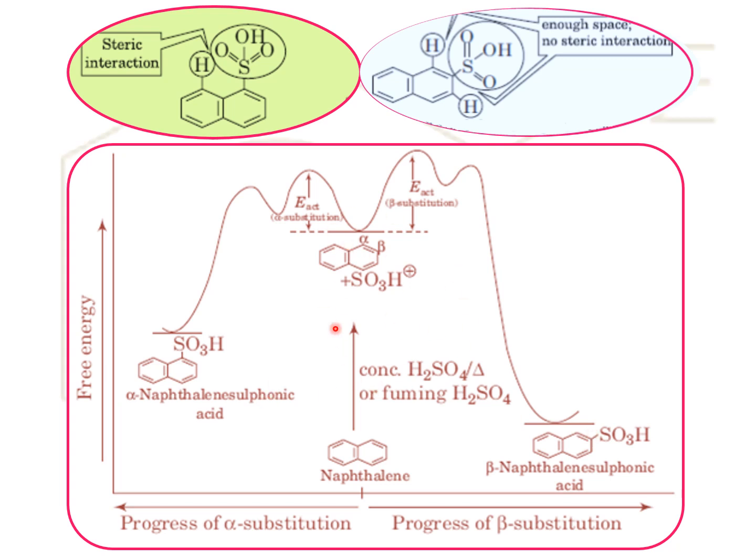So from the profile diagram, we see that the 2-naphthalene sulfonic acid was found to be the stable, thermodynamically controlled product.